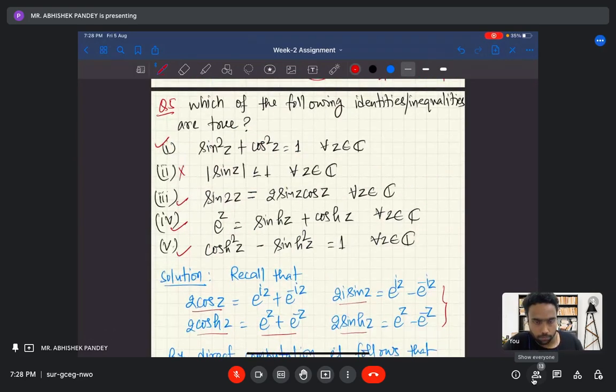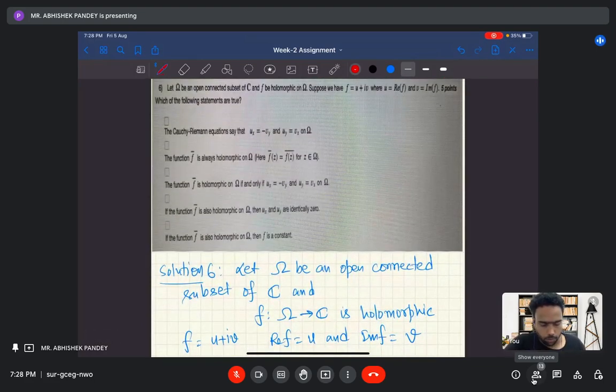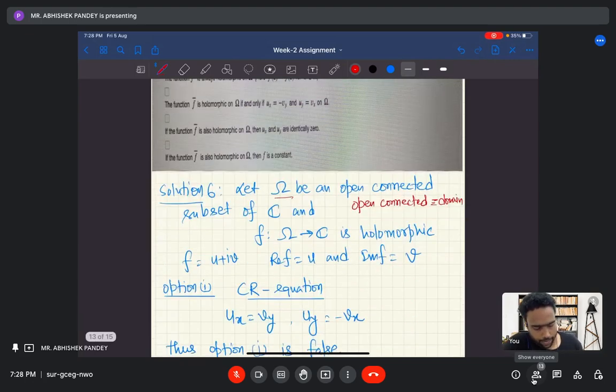This option is false. Now let us look at the sixth question. It is based on the Cauchy-Riemann equation. Let omega be an open connected subset. An open connected subset is called a domain. And f from omega to C is holomorphic. Now take f equals u plus iv, where u is the real part of f and v the imaginary part.